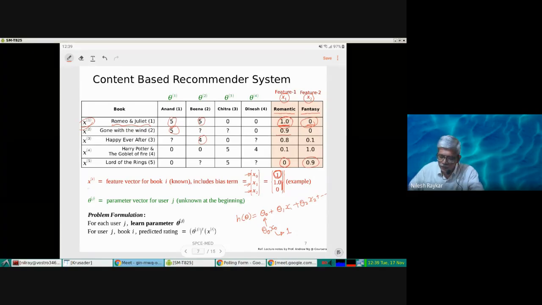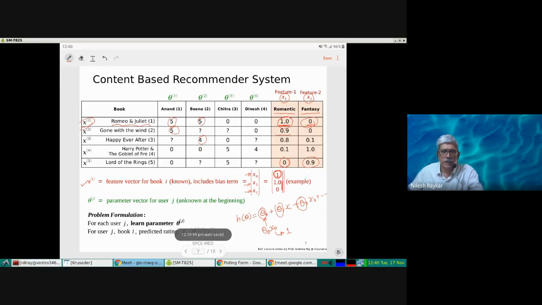So we got the first part, that is, a feature vector for each of the books is required and needs to be known. This expert gives us the feature vector for the books. Now what is unknown in this particular case are these theta terms. The theta terms in this recommender system have physical meaning.